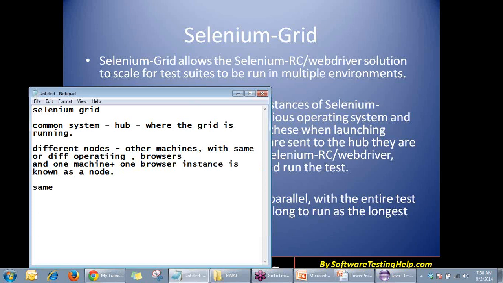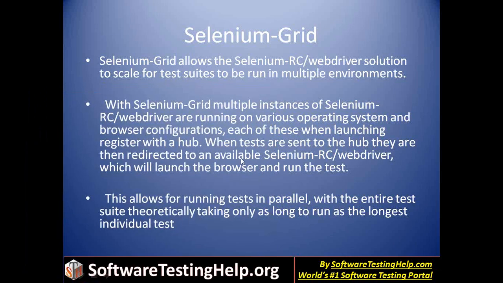Okay, say you have a hub and you have machine 1 plus Firefox, that is equal to your node 1. You could have the same machine 1 plus IE, that could be equal to your node 2. So the node is basically the instance of browser plus the operating system.